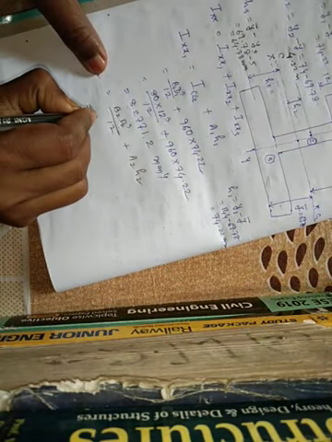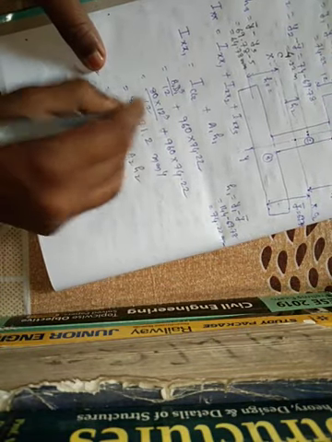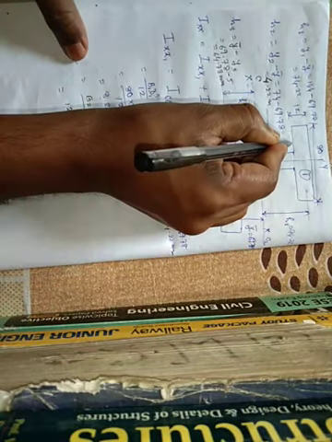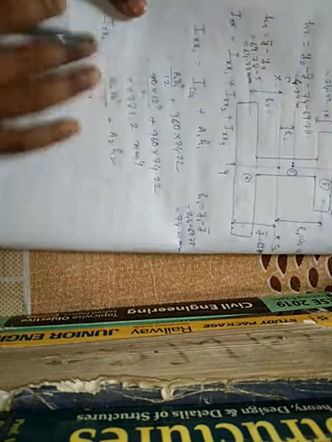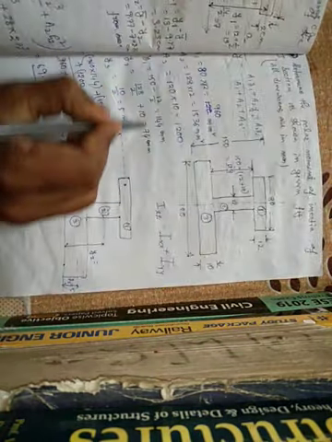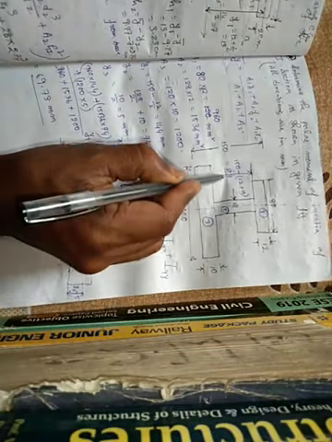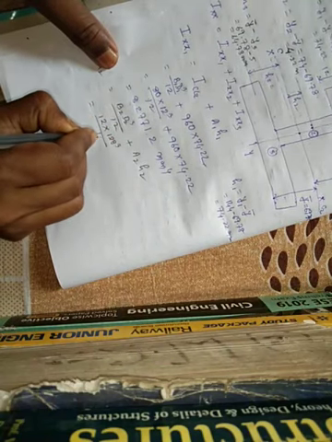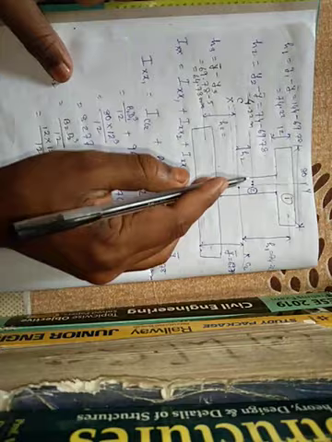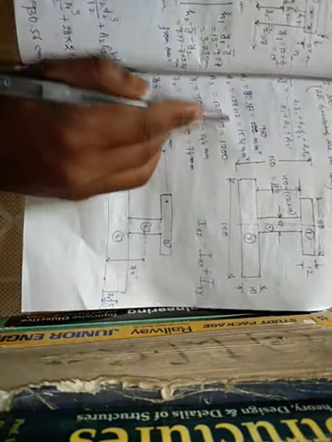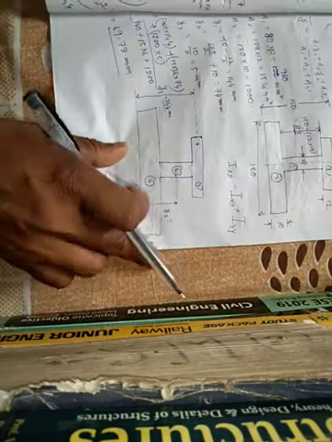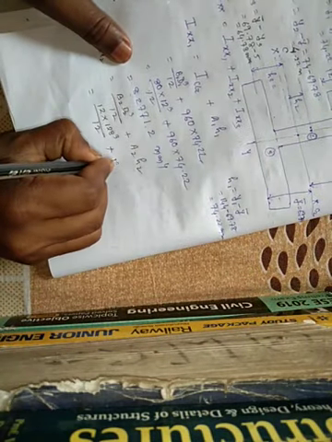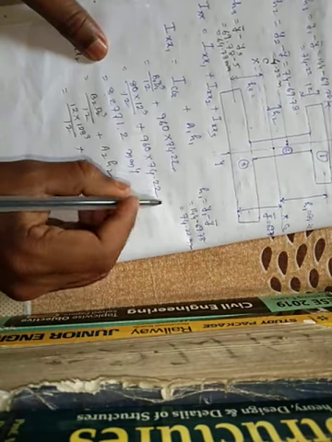So the thickness of the web is 12 millimeter, into the depth of the web. The depth of the web from here to here is equal to 128. So 12 into 128 cube divided by 12 plus the area of section 2, which is 1536, into h2 square.